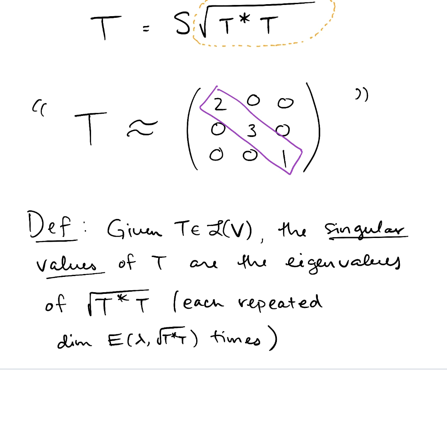And the answer is, well, there's a way to decompose T in terms of its singular values. You can get nice descriptions of the operator T in terms of the singular values. And so that's our last big theorem. That'll be coming up in the last video.